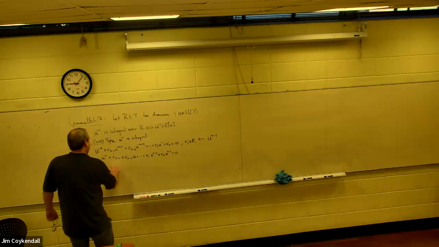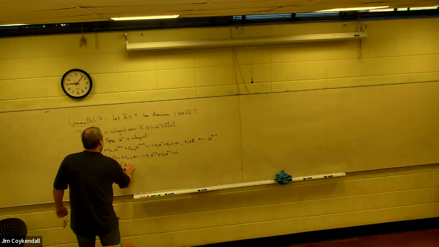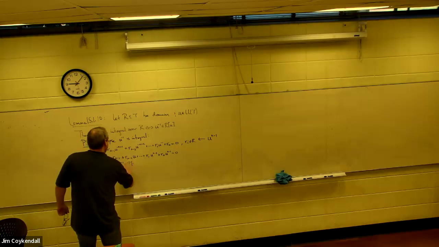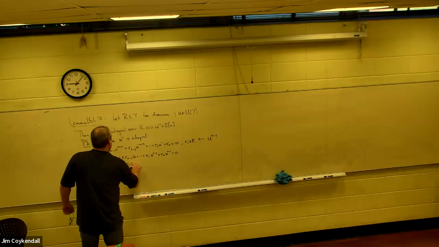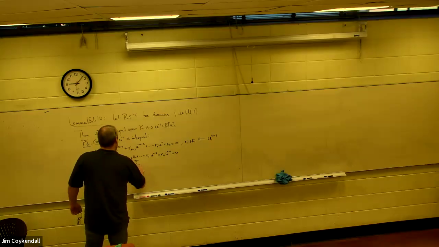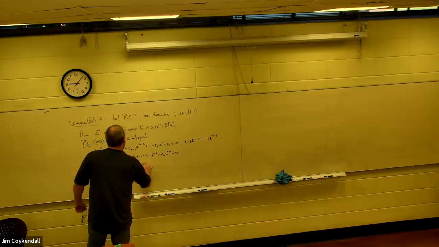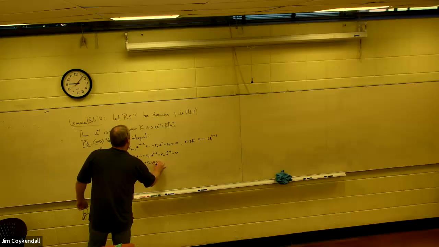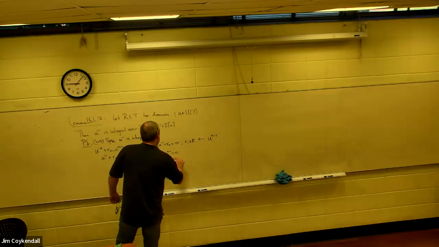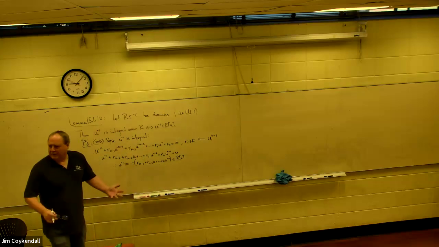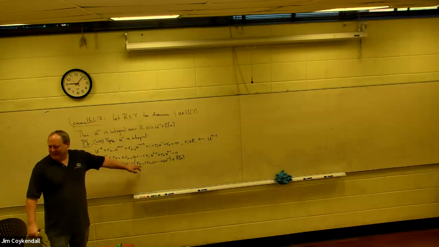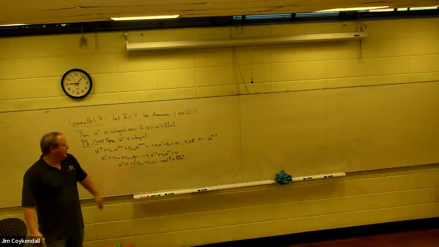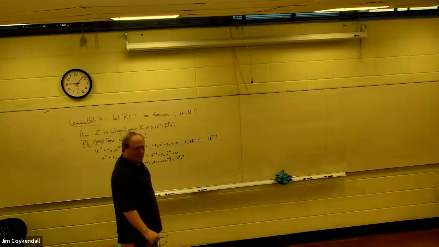And therefore U inverse is equal to minus that. So U inverse is a linear combination of the powers of U, so therefore it is in R[U].